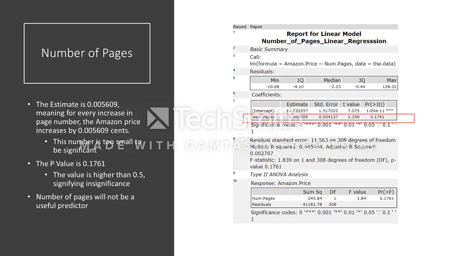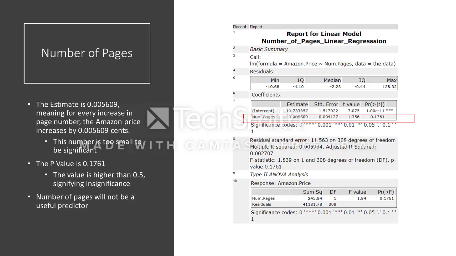Through linear regression, we can see if there is a relationship between the number of pages and the Amazon price of the book. On the right is a snapshot of the results we obtained from running a linear regression on these two variables, and we see that the estimate is 0.005609, which means that for every increase in one page of the book, the Amazon price increases by 0.005609 cents.